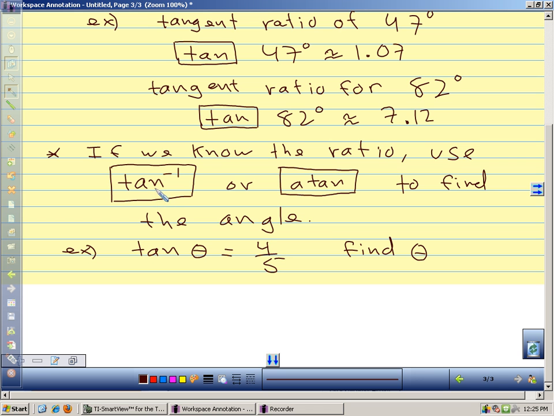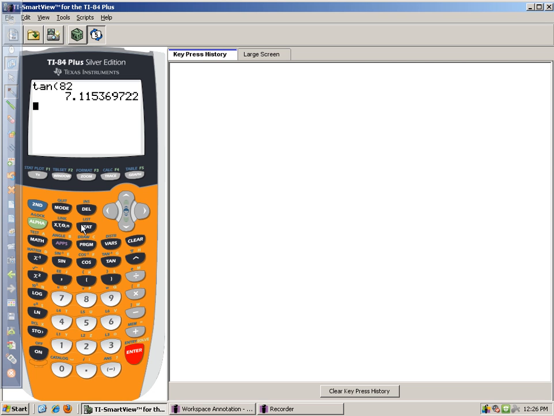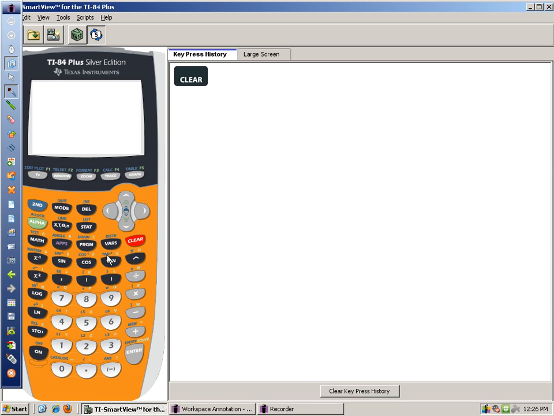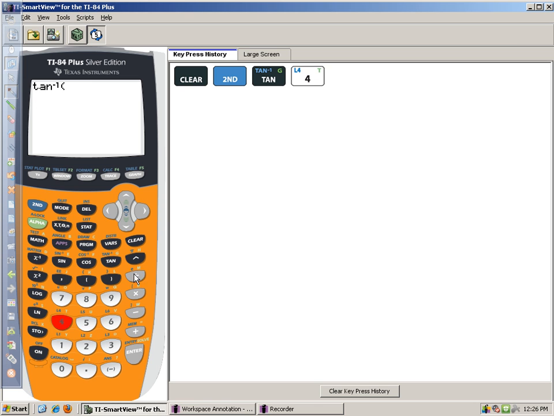So let's look at how we do that on the calculator. Clear this out. On this calculator, the inverse tangent is this shifted button above the tangent. So I'm going to do second, inverse tangent of 4 divided by 5 equals about 38.66 degrees.